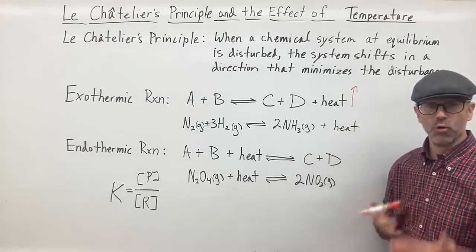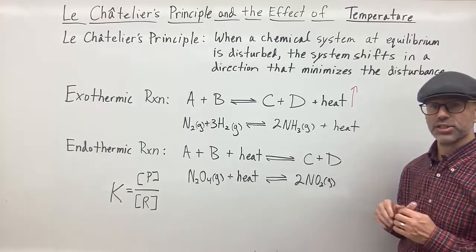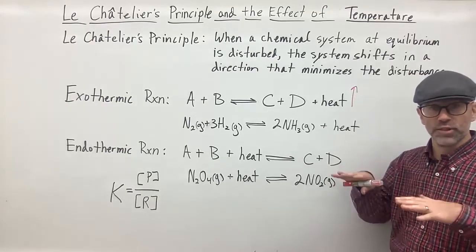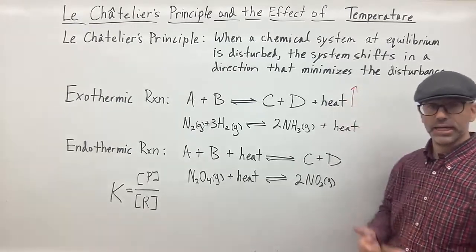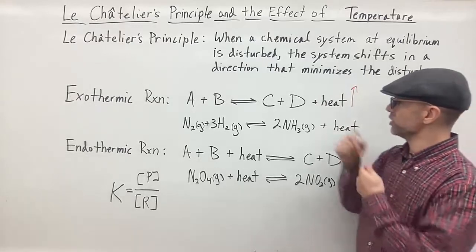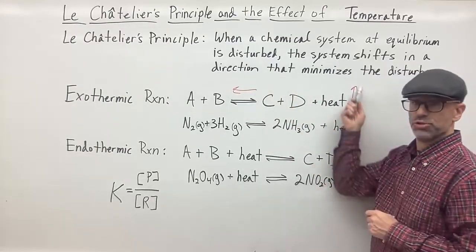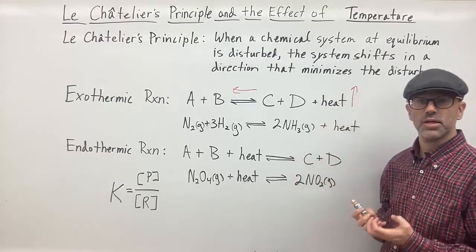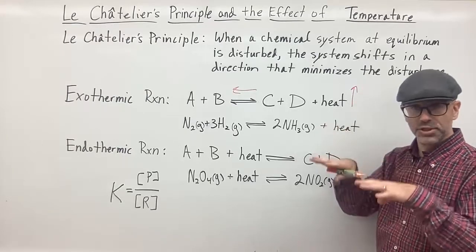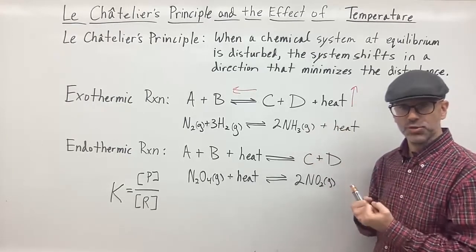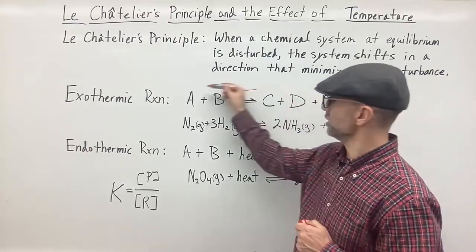Well, as we said before, with increasing concentration, it's going to shift in the direction to lower that amount of product. So if I increase the product heat by increasing temperature, it's going to shift in that direction in order to decrease or absorb some of that heat that was introduced and bring the temperature down. So it's going to try to absorb some of that heat, and by doing so, it's going to shift in this direction.